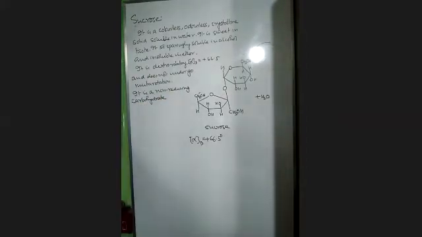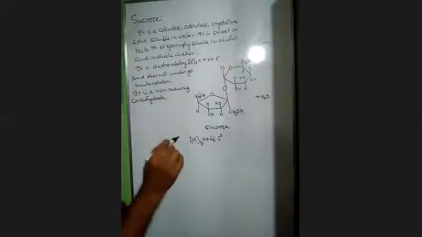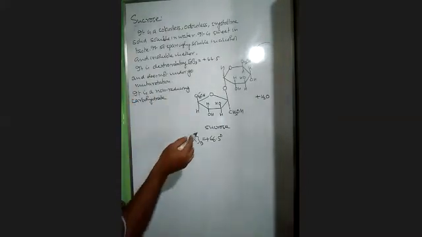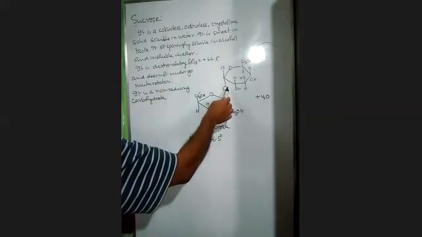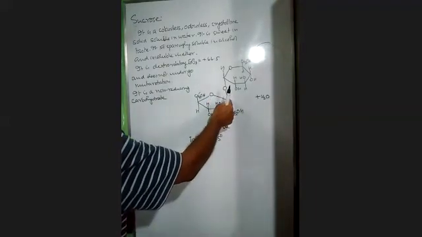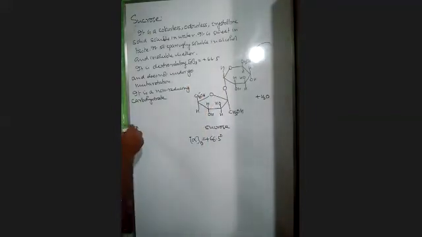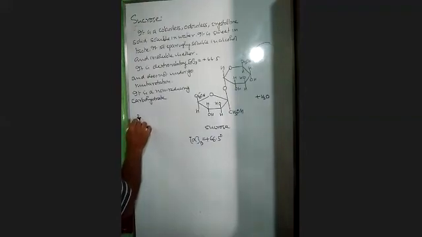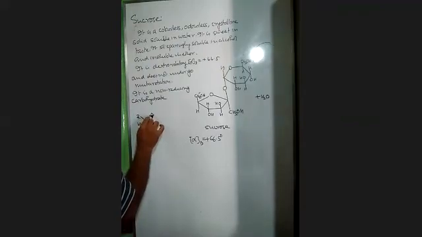See here, that day I told you why it should be a reducing carbohydrate when it is having a hemiacetal group. See here, do you have any H here? No. This is linked to carbon, oxygen, and carbon. How does the hemiacetal look like? See this, this is carbon.